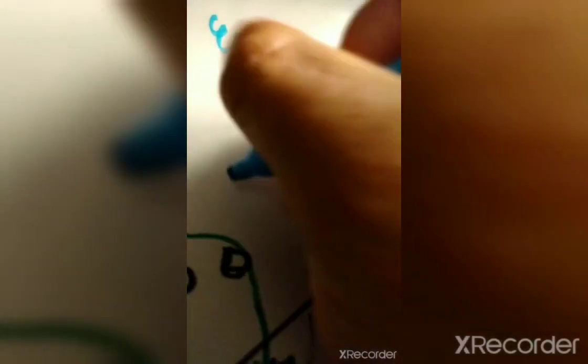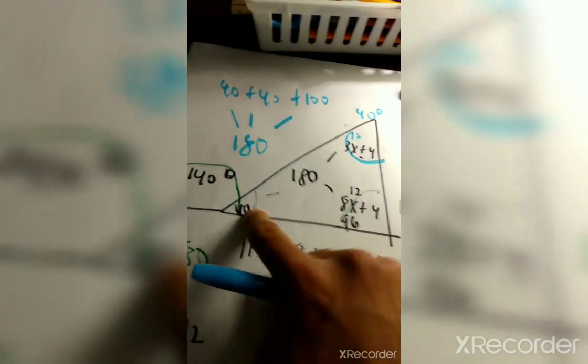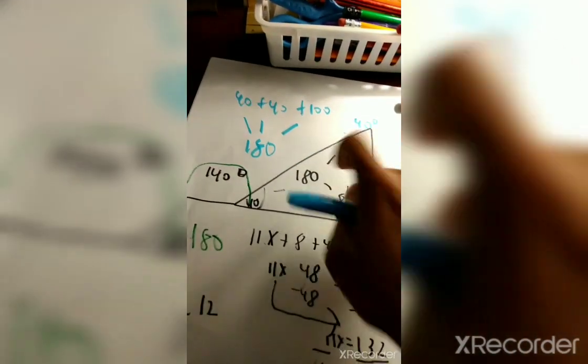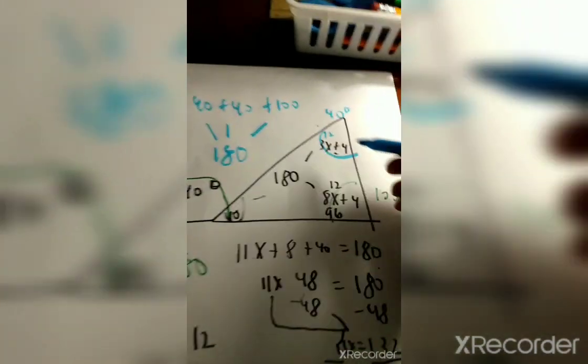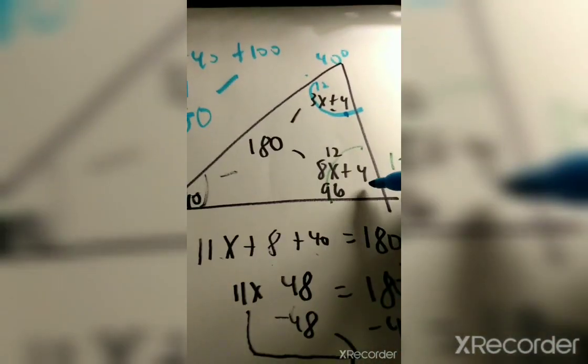And we said this angle right here is also 40. So 40 plus 40 plus 100 sums up to 180. So we did it. We found the number and how wide in degrees each angle is.